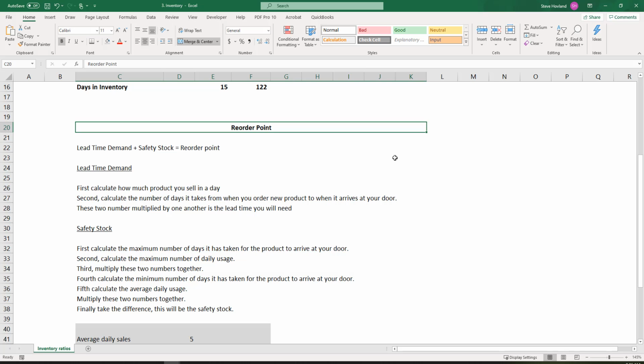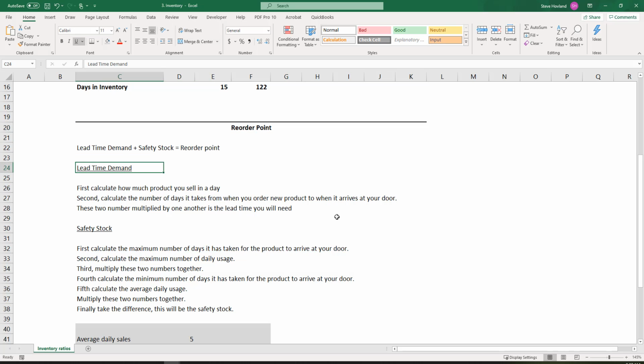You've heard the term lean inventory or just-in-time inventory, where you get the inventory in just in time. Well, you need to know what your reorder point is in order to truly run just-in-time inventory. And what reorder point does is, first we find out what the lead time demand is, plus in case the safety stock will get us to the reorder point.